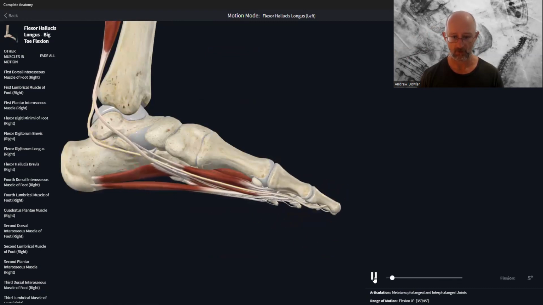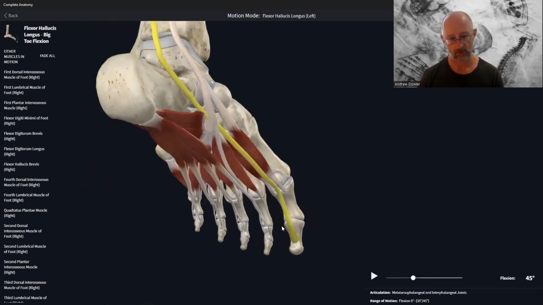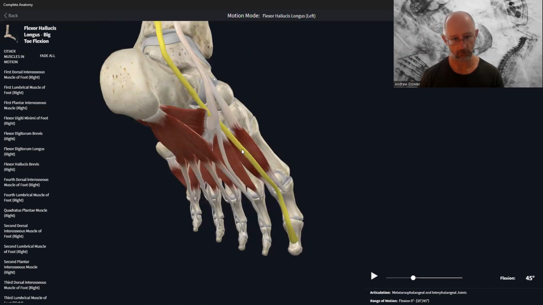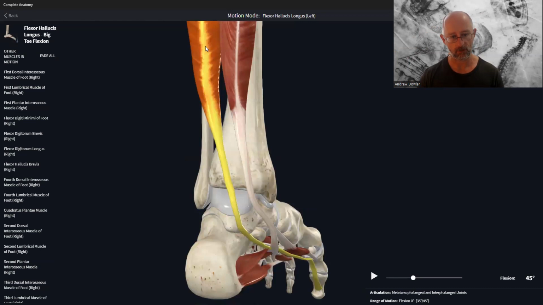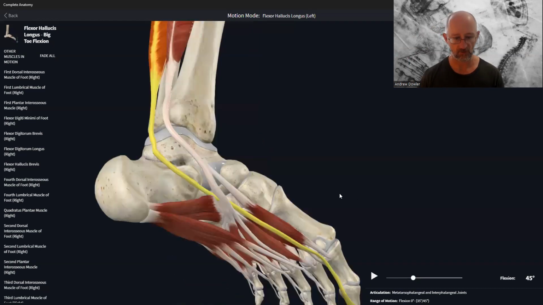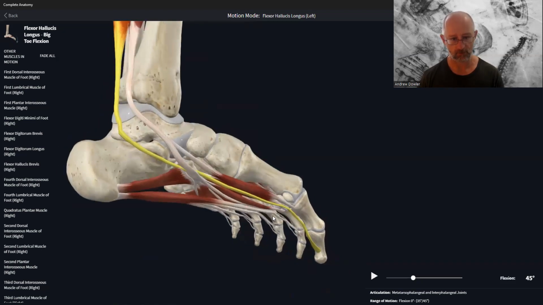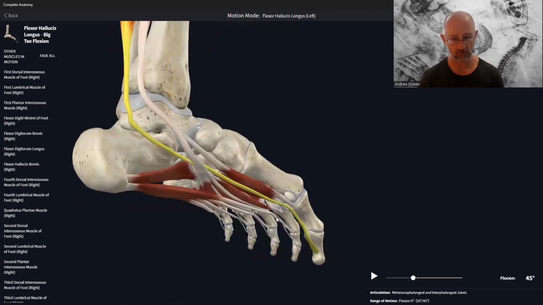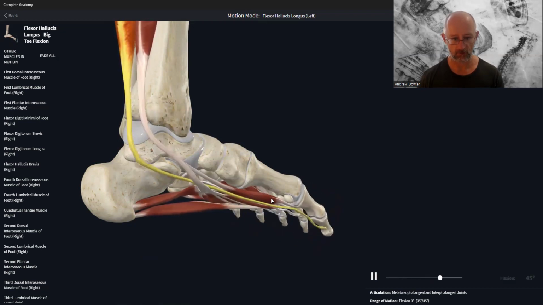So let's curl. And you can see here, it's going to pull up. So this long, long, long tendon coming up from our flexor hallucis, touching on the different parts of the tarsals. And at the same time, when it contracts, we have our flexor digitorum longus muscle contracting.